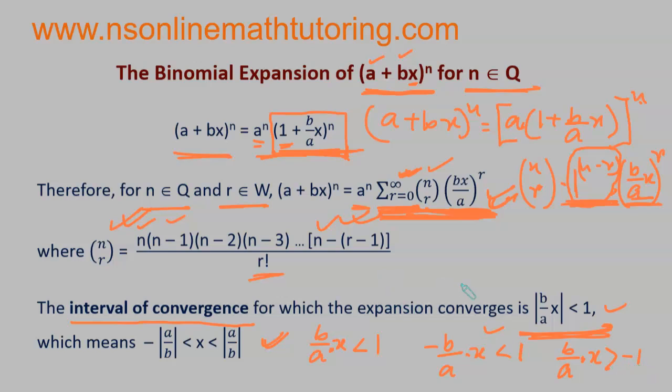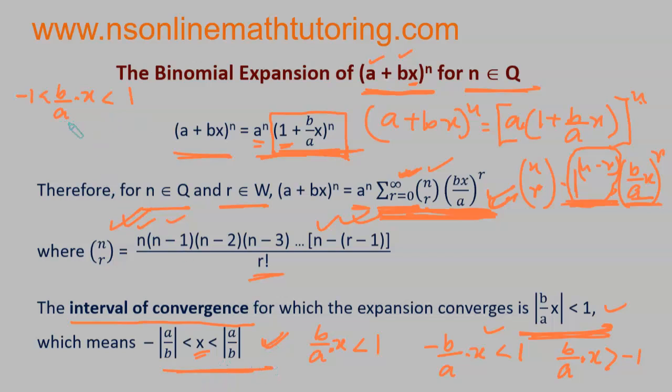So b over a times x is less than 1 and b over a times x is greater than minus 1. So where can I write? Let me write over here. So we have minus 1 is less than b over a times x is less than 1, and we have to get the range of values for x.